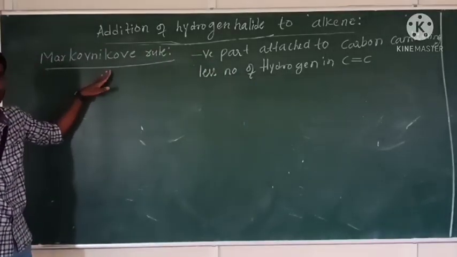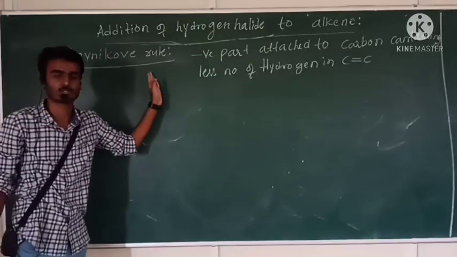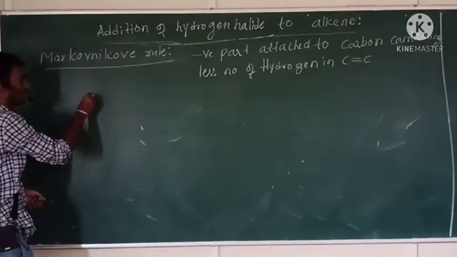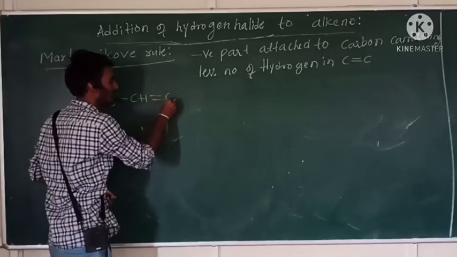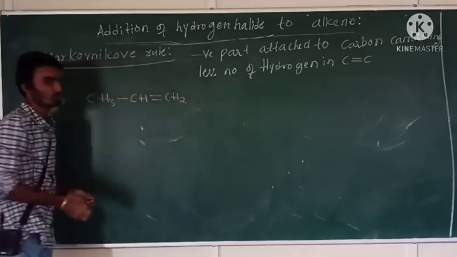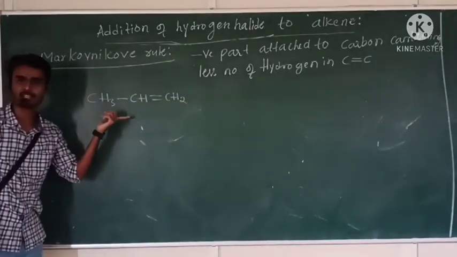This is the Markovnikov rule. Taking one example, CH3 CH double bond CH2. This rule is only applicable for unsymmetrical alkenes.